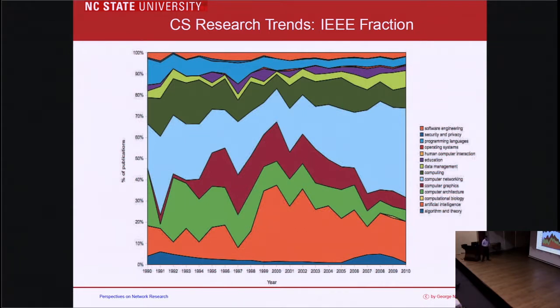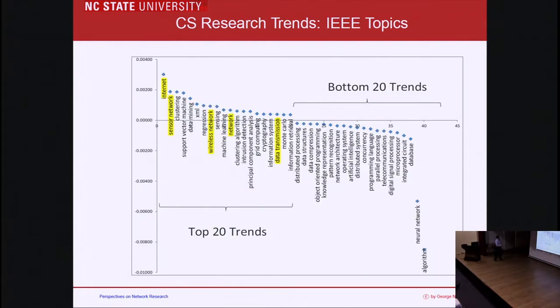Now, let's look at trends in IEEE. It shows you the top 20 trends that are going up, and the bottom 20 trends that have been going down in terms of publications over the last 20 years. Look at the top 20 ones. Internet, sensor network, wireless network, data transmission.